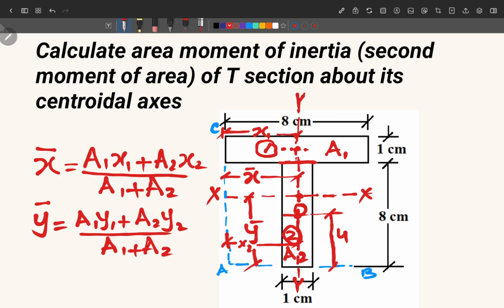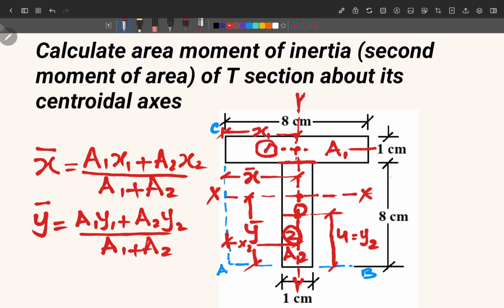Similarly, the values of y1 and y2 are the positions of their centroids individually. With reference to this reference line, because all the vertical distances will be measured with reference to AB, this will be your y2 and your y1 will be half of this, which comes here.